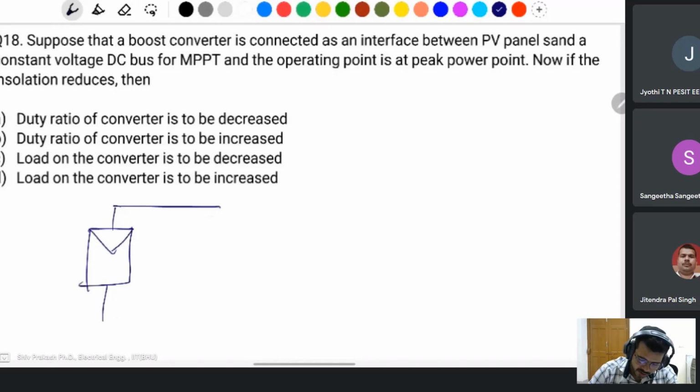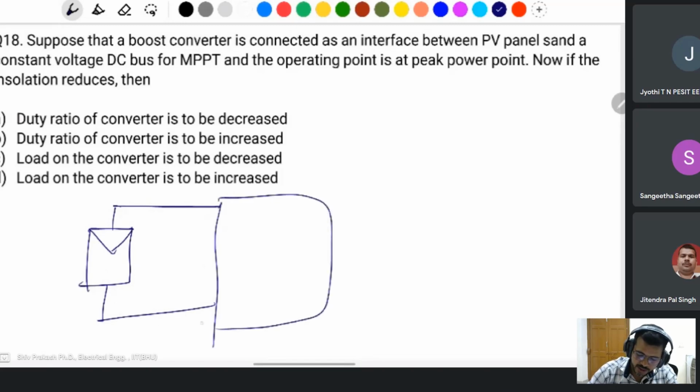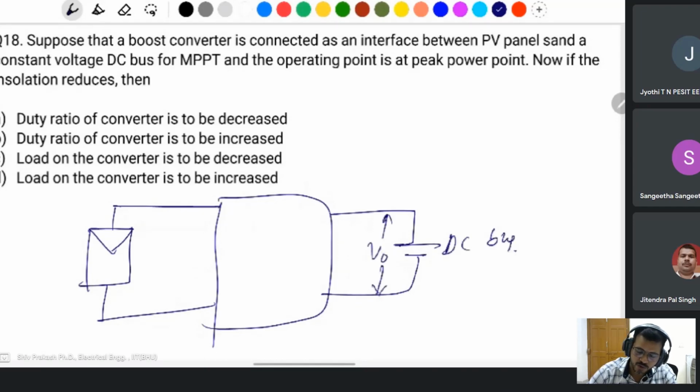Same thing is asked about this DC converter. This is the voltage bus, the DC bus. This will be a constant DC bus. V out will be constant.